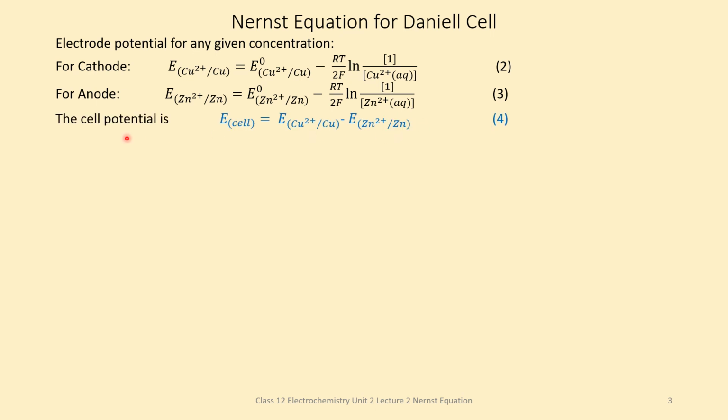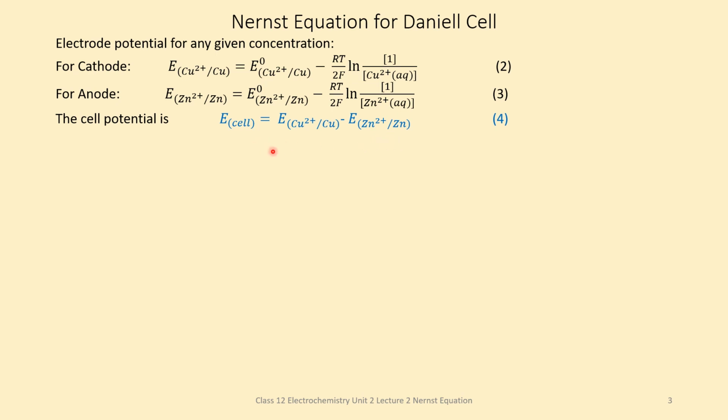Hence, the total cell potential is E cathode, the electrode potential of the cathode, minus the electrode potential of the anode. So, rewriting, we can write E of cell is equal to E of Cu2+/Cu minus E of Zn2+/Zn.